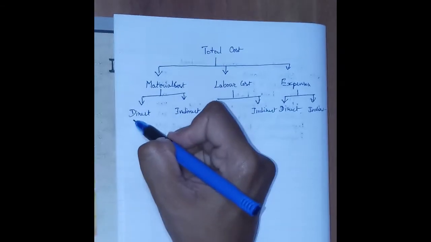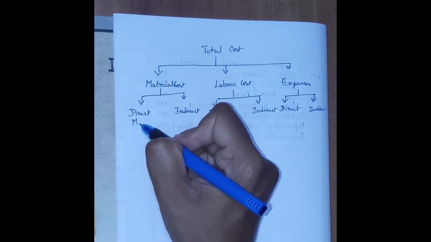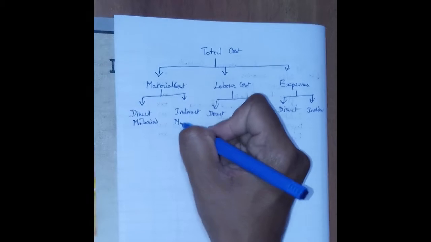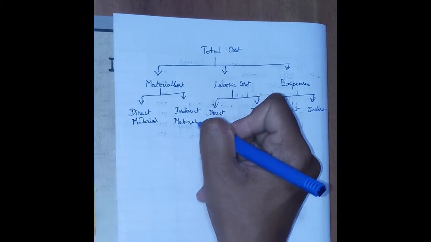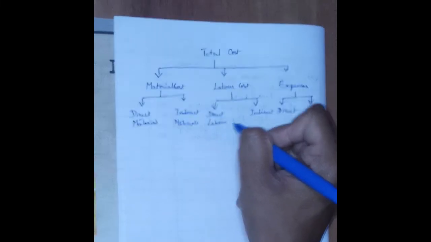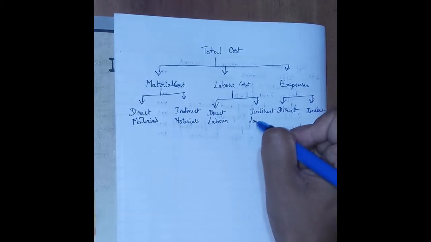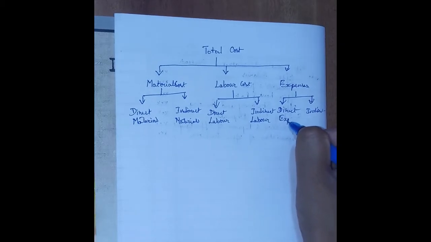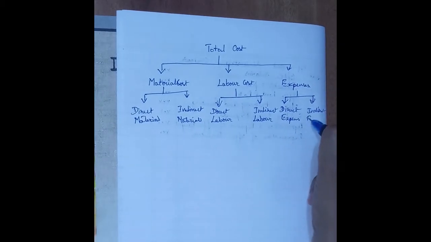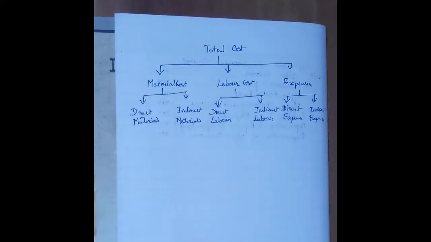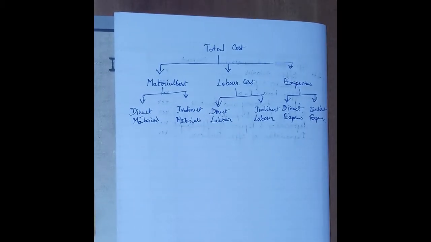Okay, I will make it more clear. Direct materials, indirect materials, direct labor, indirect labor, direct expenses, indirect expenses. Okay, now what will happen?